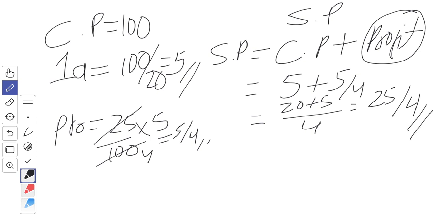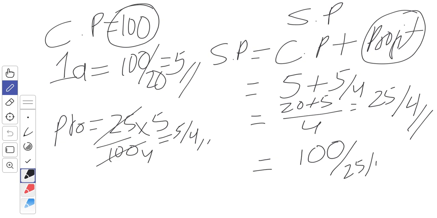Now the question said that the selling price of X items is equal to the cost price of 20 items. The cost price of 20 items is 100, so the selling price will also be equal to 100. We are selling each good at 25 by 4 rupees.